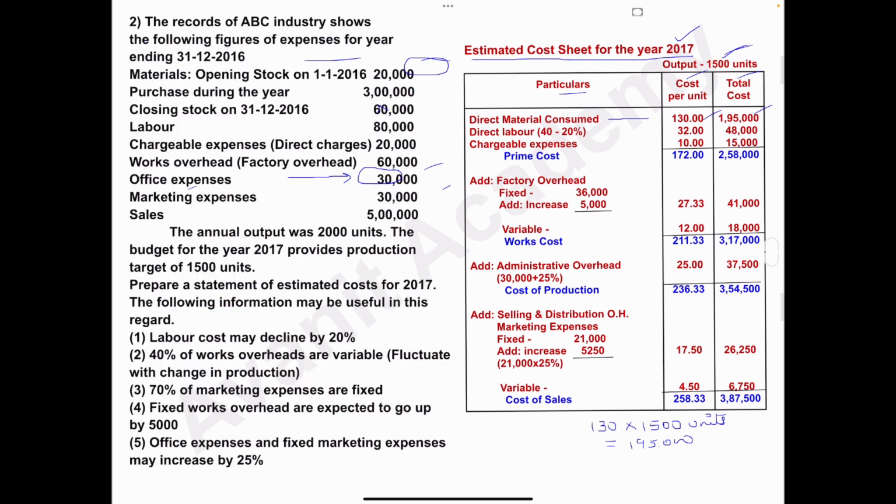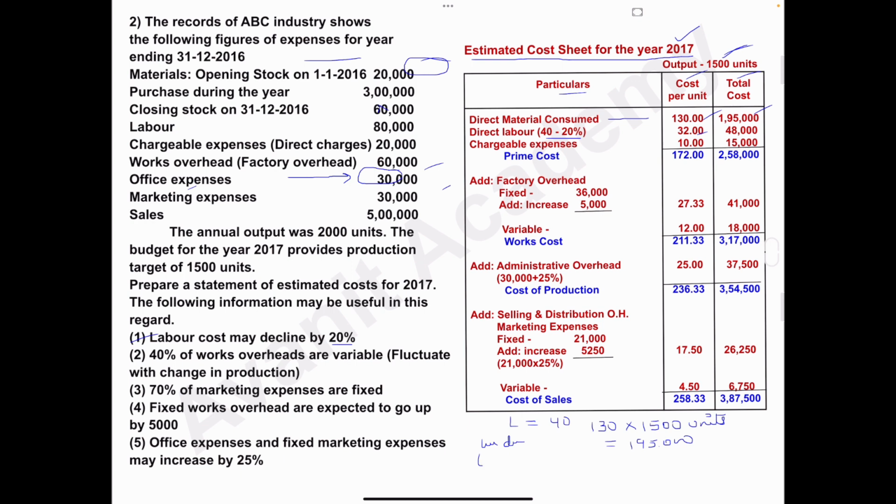Point number one: labor cost may decline by 20%. In this 2017, the labor cost will decrease by 20%. Decrease by 20% means we have to minus 20%. Direct labor amount is 40.